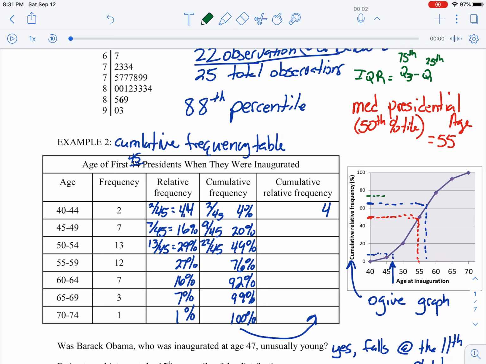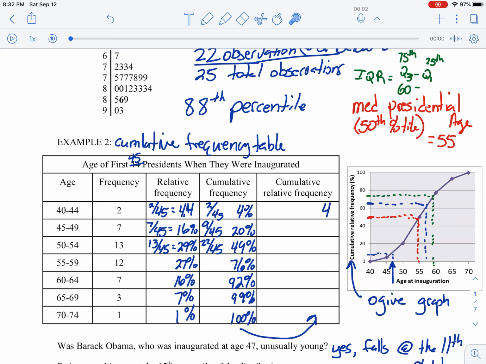So we can grab my pen. Here is 75. Draw that over to there. Draw that straight down the best we can. And I'm going to say that is, actually, I'll go with 60. Quartile 1. Where's quartile 1? We talked about it. It was at the 25th percentile. So again, we come down here.